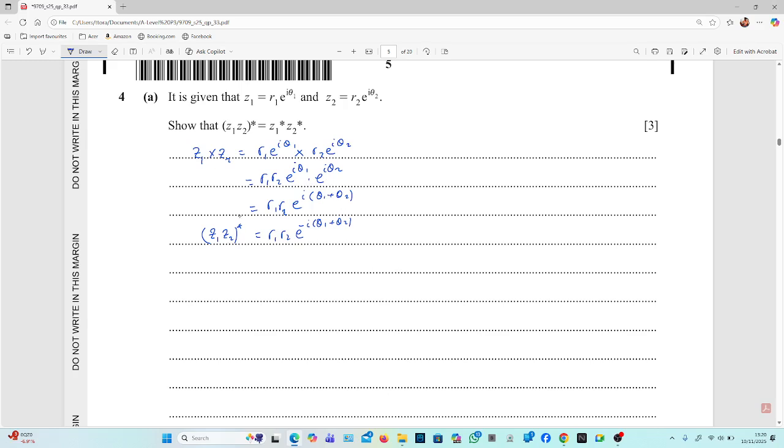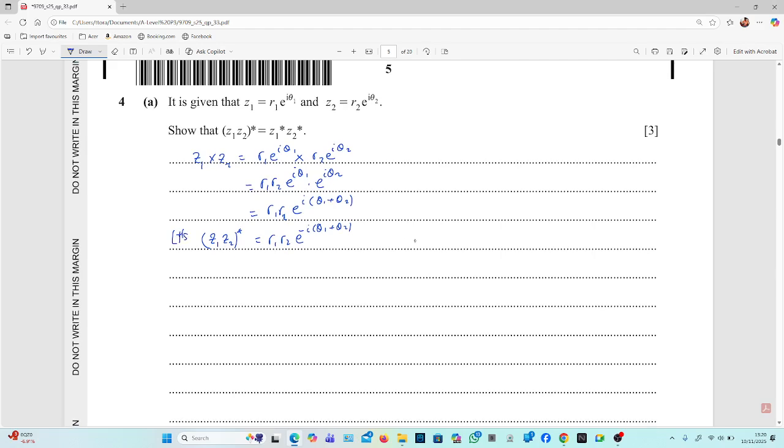And this is actually the left hand side. For the right hand side, I have the conjugate of Z1 times the conjugate of Z2. So let's take the conjugate of Z1, and we're going to take the R as well. So R1 e to the minus I theta 1 times R2 e to the minus I theta 2.